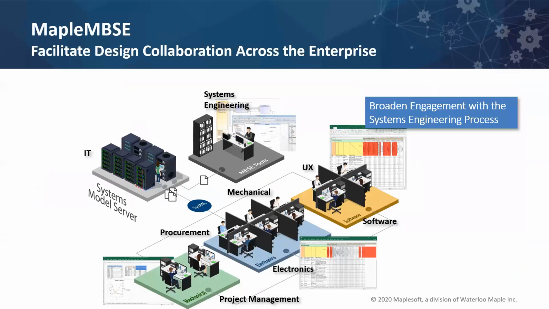Now, the advantage of this is that it broadens the engagement with the system engineering process. So in addition to the system engineer working with the system models based on SysML, you can now have different departments who also have access to the same information, and they can all collaborate, so much more relevant information is added to the model. Again, since it's Excel, it's very easy to explain and get the information from the stakeholders.